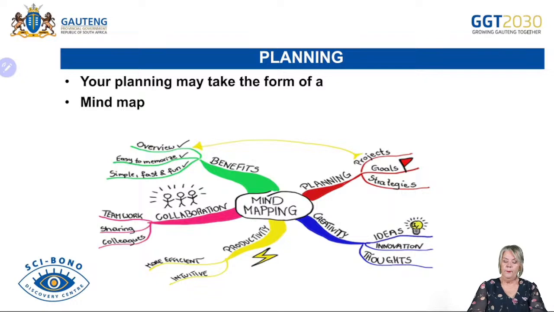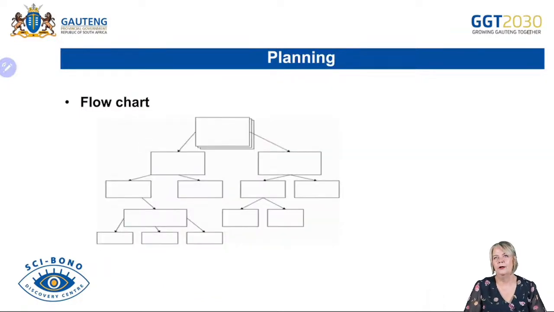Okay, so for a person who's right brained most of the time, in other words, they're very creative and they don't mind a mess, a mind map is very good. Oh, but I know some people who feel very uncomfortable with a mess and they permanently want to rearrange it. Now, you might want to look at a flow chart.